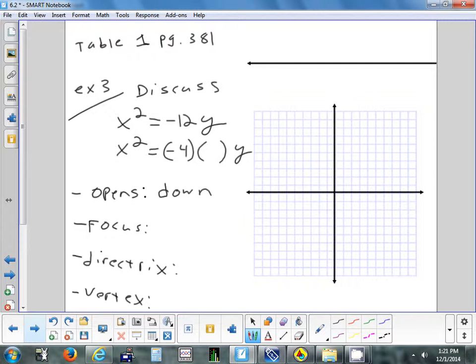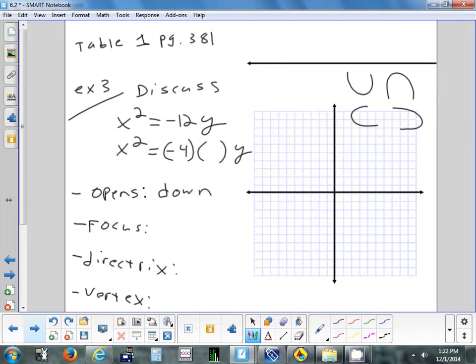Why is it an x? Does that mean it's not like up or down in opposite? Yeah, when x is squared, that means the parabola is either going to look like this or like that. When y is squared, it either looks like this or like that. I don't get why it opens down. It opens down because x is the variable that's squared and the number in front of y is negative.